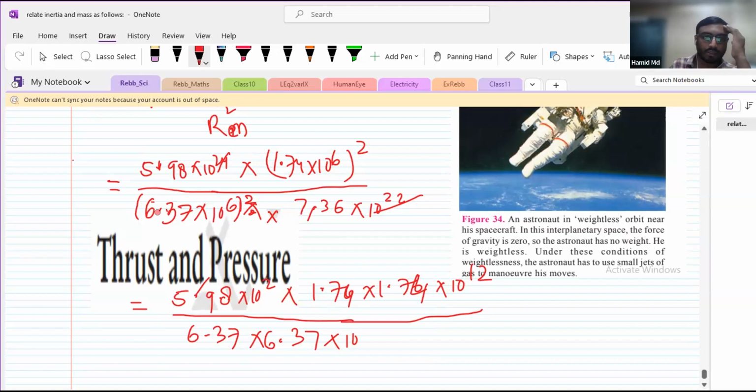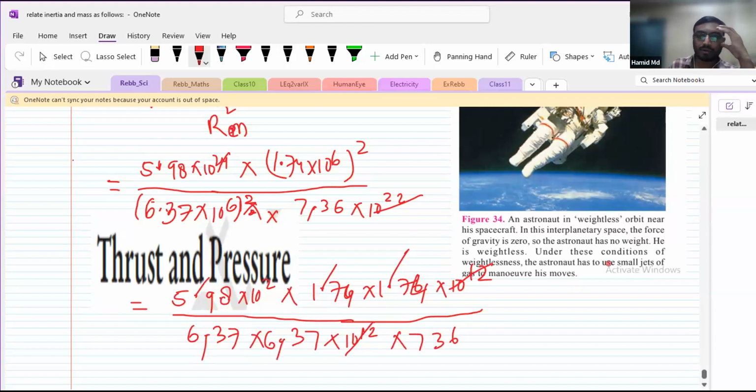So again 6.37, 6.37 twice, and then there will be 10 to the power 12, right? And again 7.36. Now we will erase 10 to the power 12 with 10 to the 12, this decimal with this decimal.